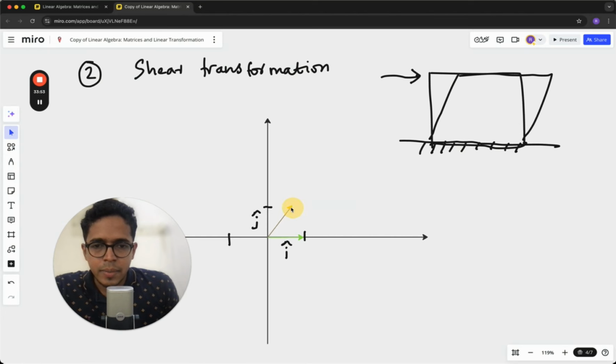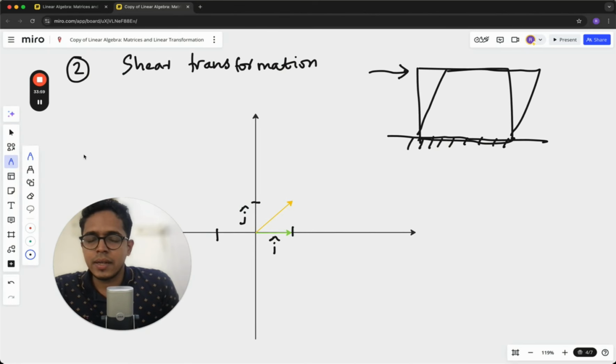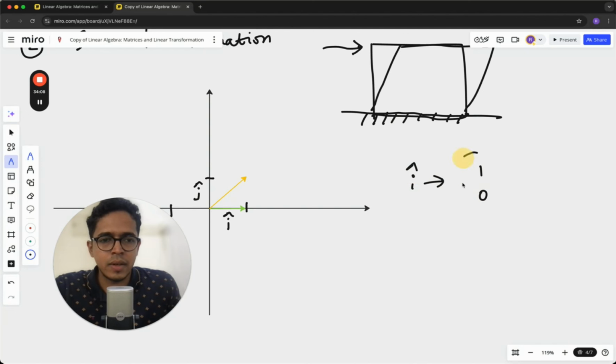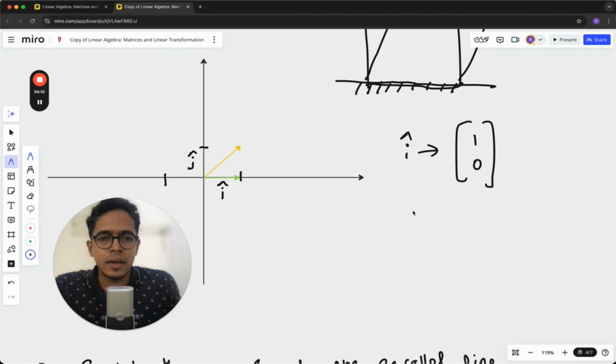Actually, maybe I should keep the height like this. Okay. So what happened is now I remained the same. So I was transformed into whatever it was originally, 1, 0. But J became transformed into 1, 1.